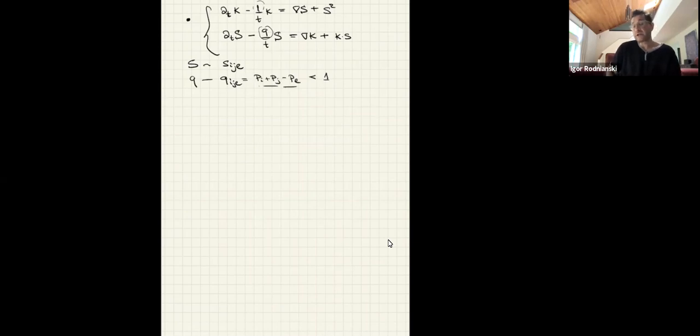These coefficients, the coefficient here and the coefficient here, tell you how quickly the quantities in question will blow up as you go to t equals 0. This coefficient tells you that you expect K to go like 1 over t. And this coefficient tells you that S is expected to go like 1 over t to the power q, which is less than 1.